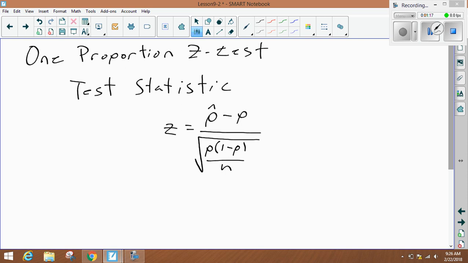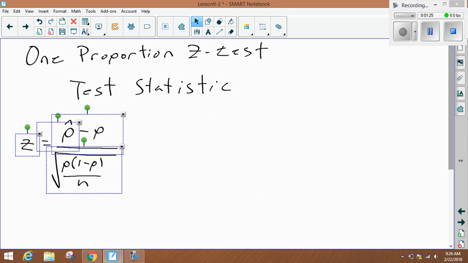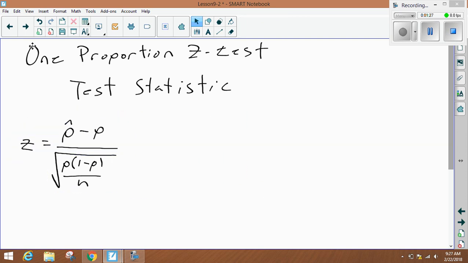I want to talk about different ways of interpreting this test statistic, and actually I think I'm going to move this over here real quick, because there are actually a couple different ways of interpreting it.